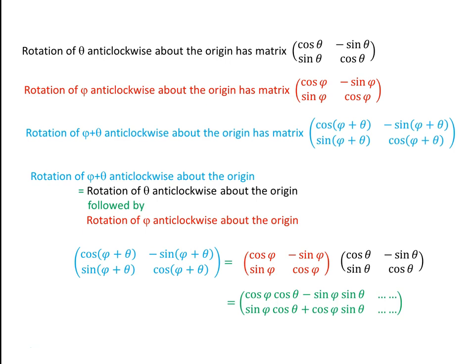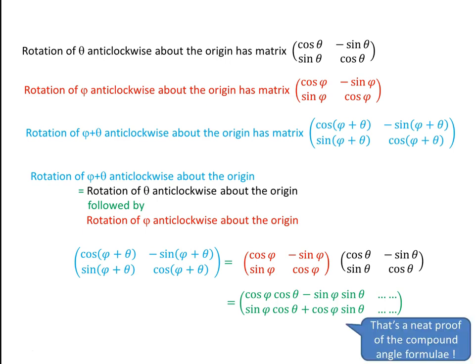And looking at the bottom left hand entries on both sides of our equation, we've got sine phi plus theta must be the same thing as sine phi cos theta plus cos phi sine theta. So what we've got now is a really neat proof using matrices that the compound angle formulae are correct.